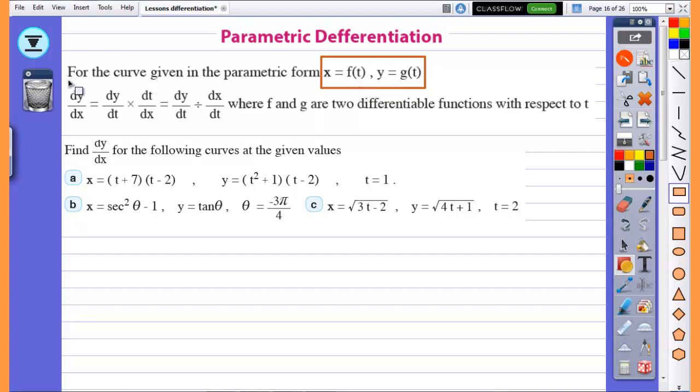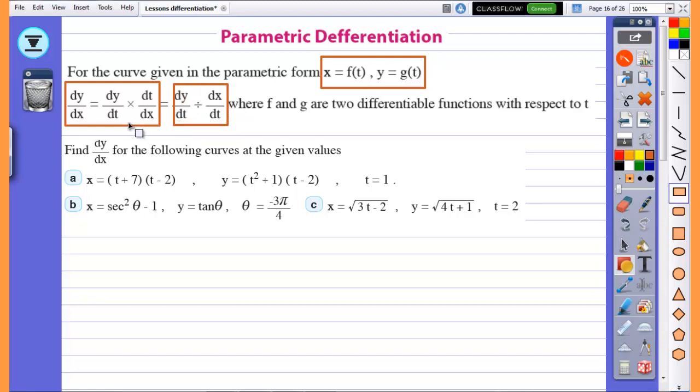So dy/dx equals dy/dt multiplied by dt/dx. How do we get it? It is equal to dy/dt divided by dx/dt.